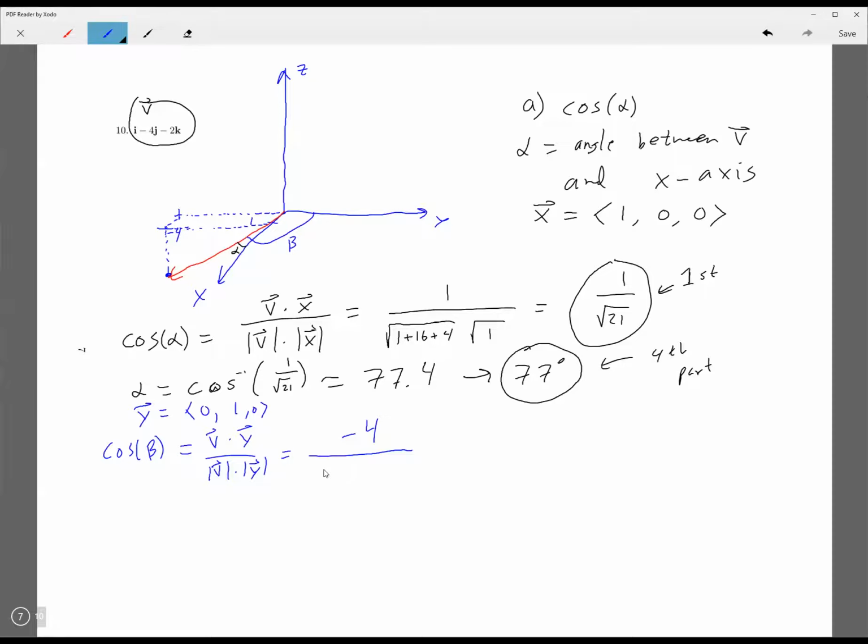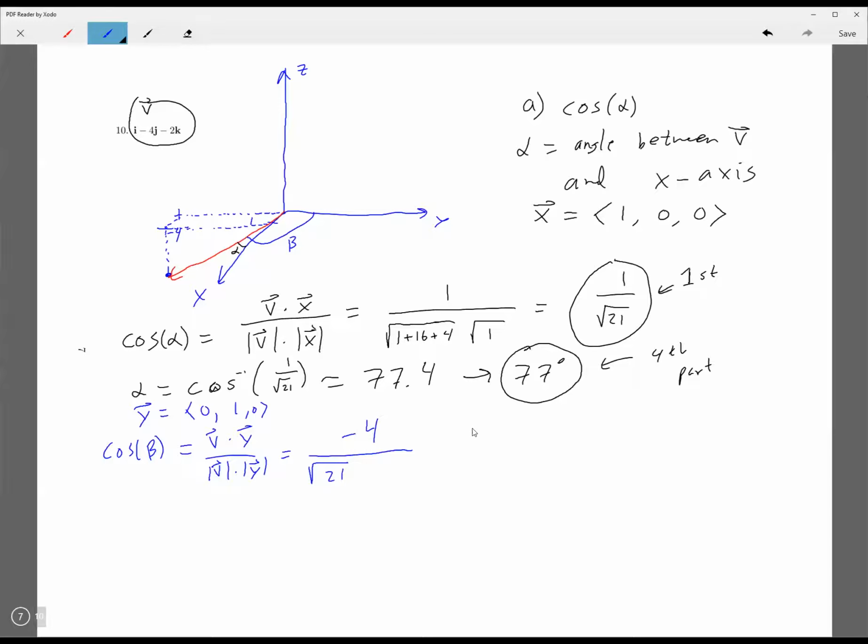And the denominator is still going to be the square root of 21. And this angle is going to be more than 90 degrees.